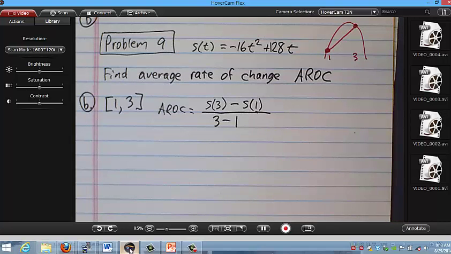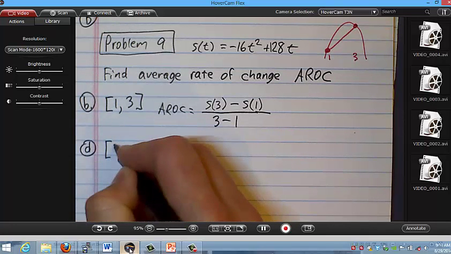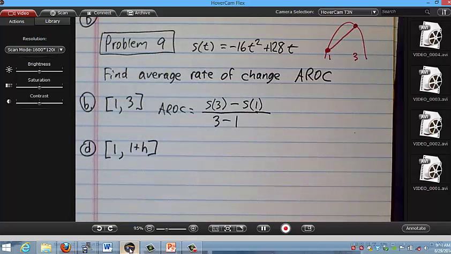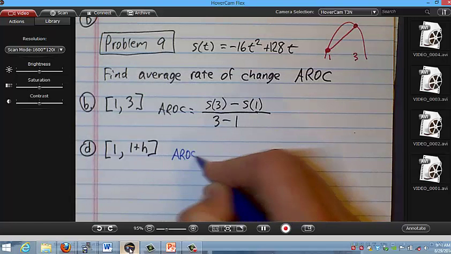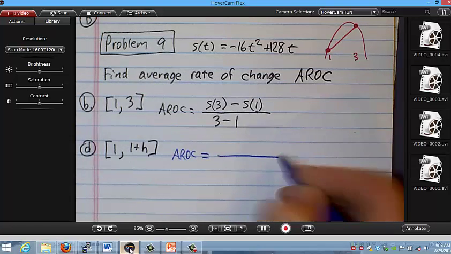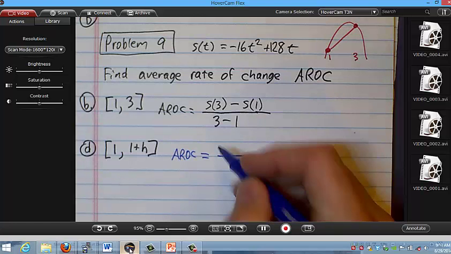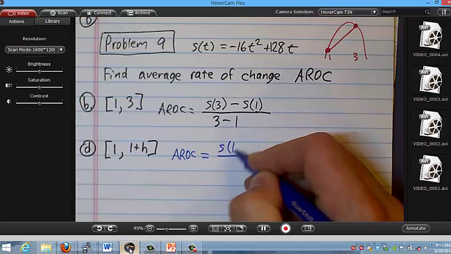Okay? Now, they say for part D, we want to go from 1 to 1 plus h. Well, I'm telling you that to find AROC, it's not going to be any different. Do you know what's going to be in the numerator? It's going to be S of something. S of what? 1 plus h.